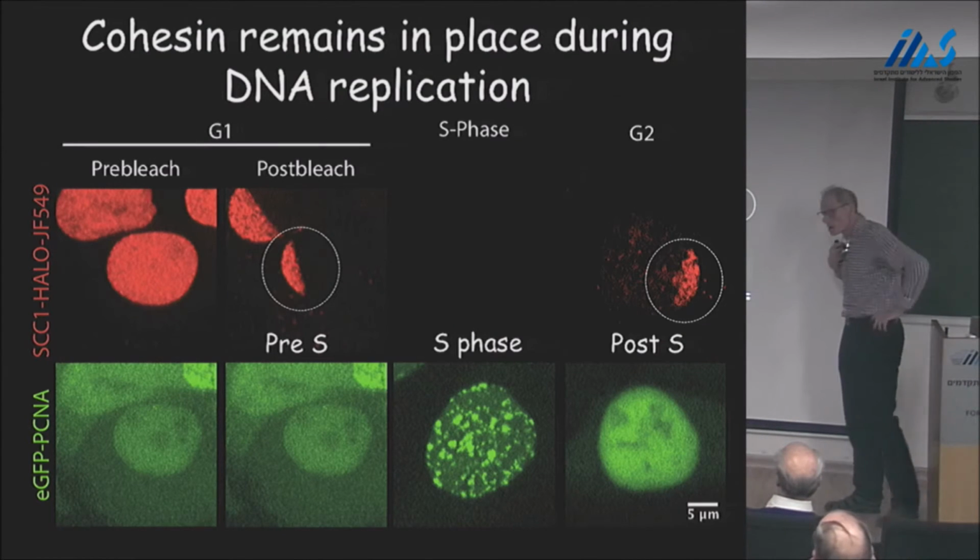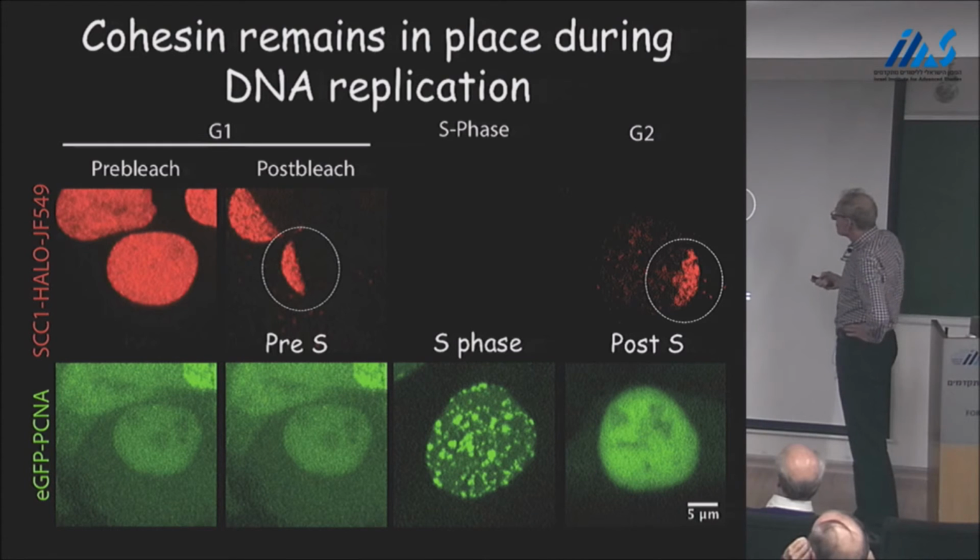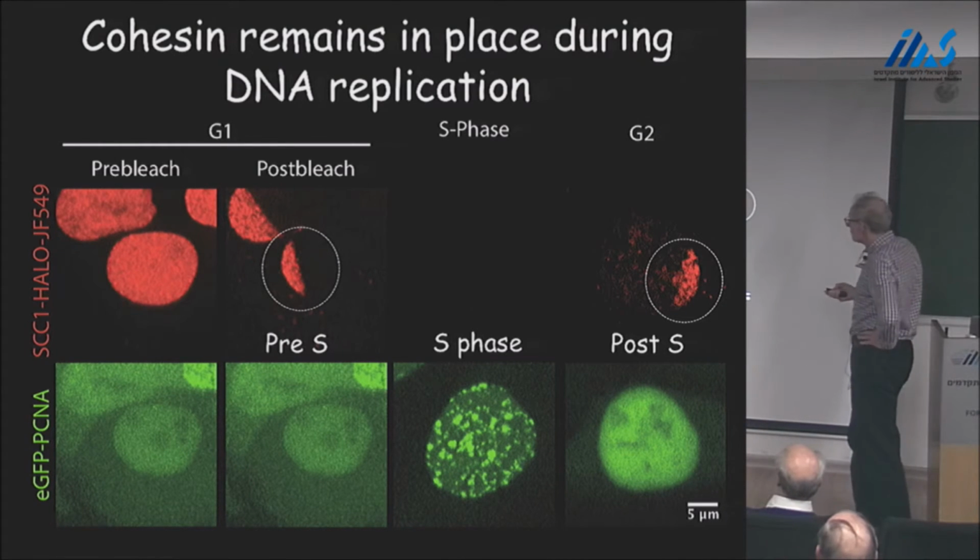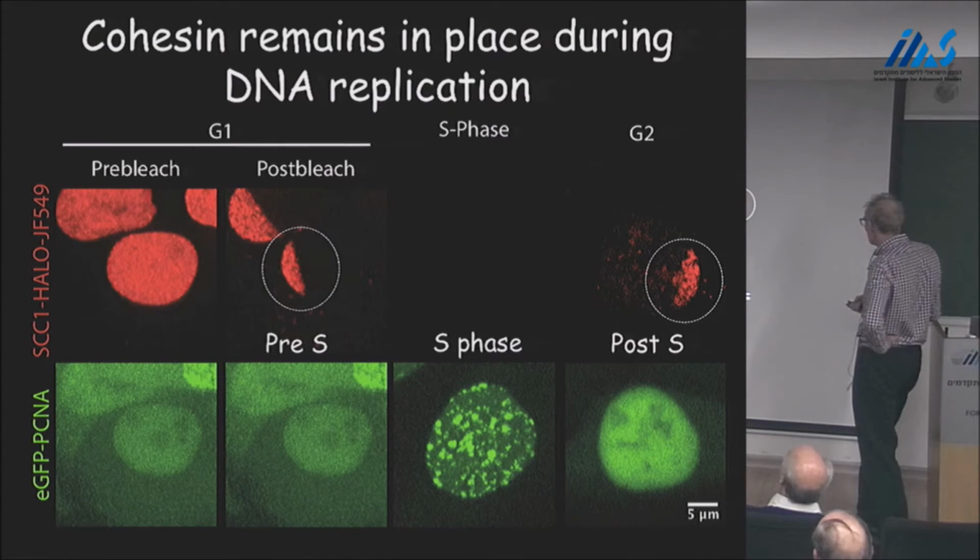Now here's the experiment. What happens to this labeled cohesin when a cell undergoes replication? So now we label up PCNA using GFP, and this is living cells, G1, they go into S phase, you see these replication factories, and they finish S phase into G2.